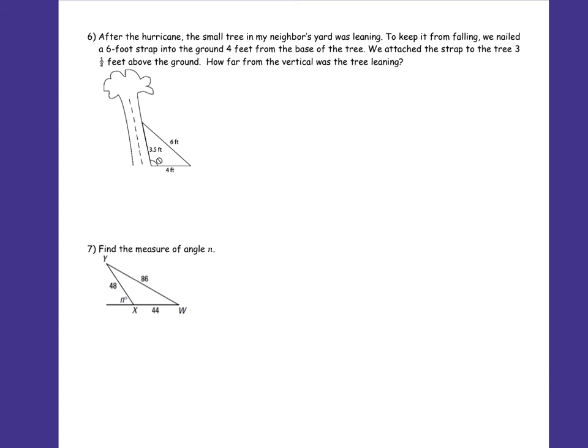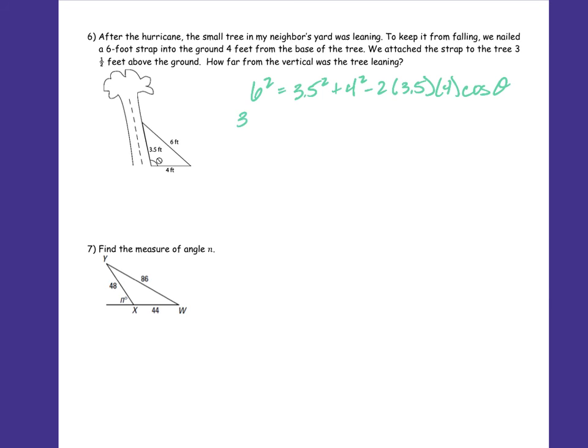Sorry, you guys. 6 squared is going to equal 3.5 squared plus 4 squared, minus 2 times those two sides that contain the angle, so 3.5 times 4 times cosine of theta.